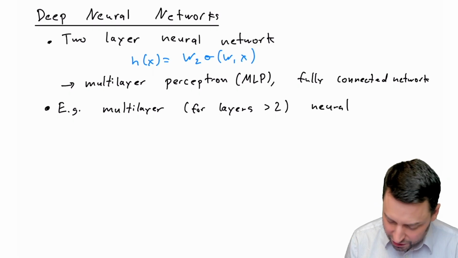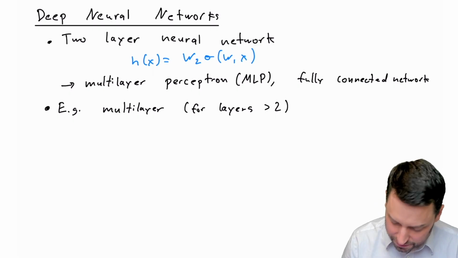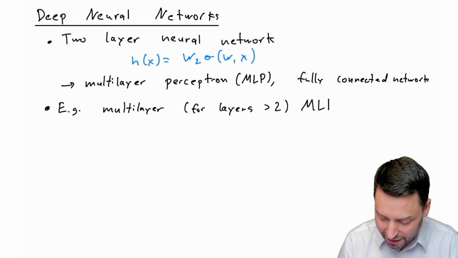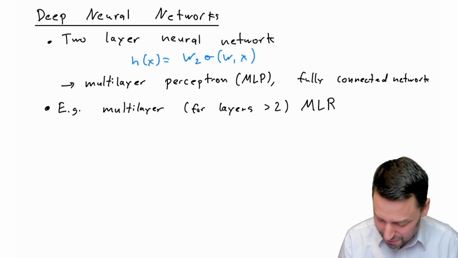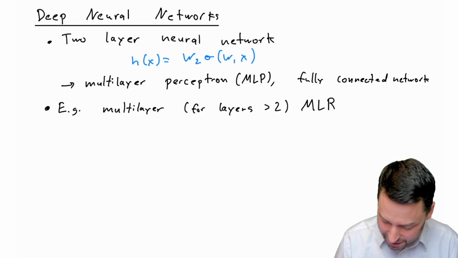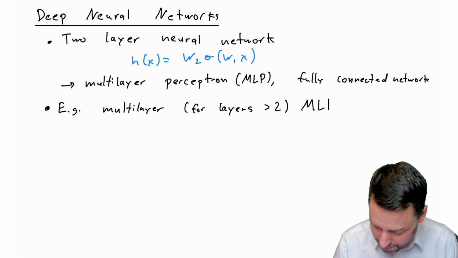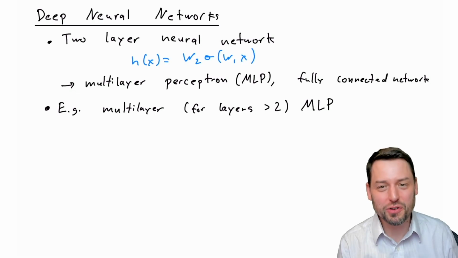In fact, I want to say a multi-layer MLP. I know that's redundant, because the M here stands for multi-layer, but forgive me. No one will blink if you do say multi-layer MLP.